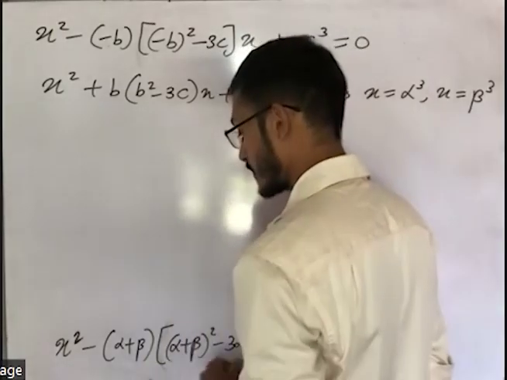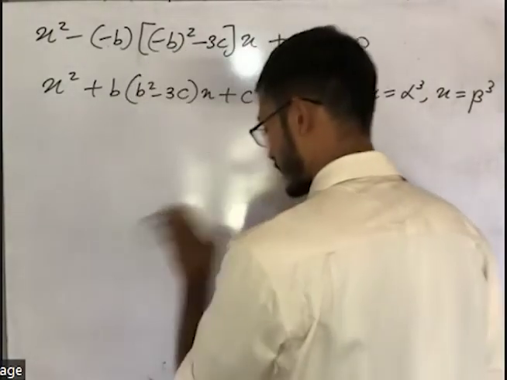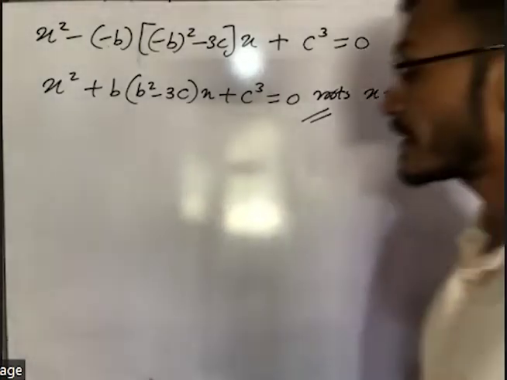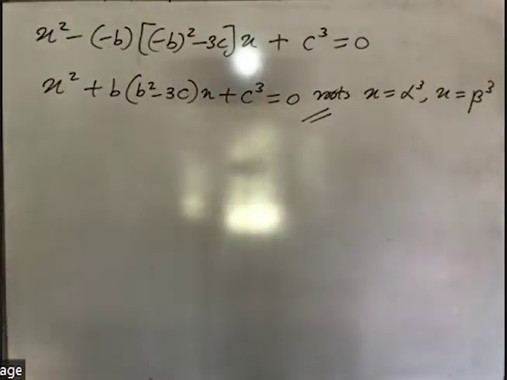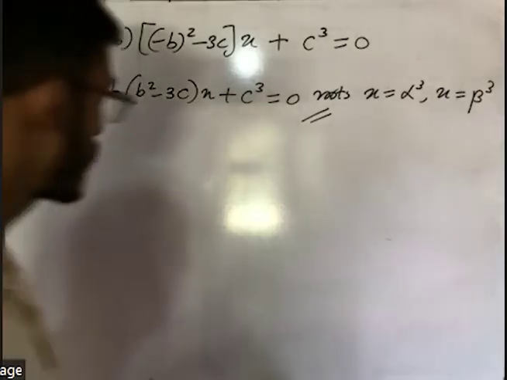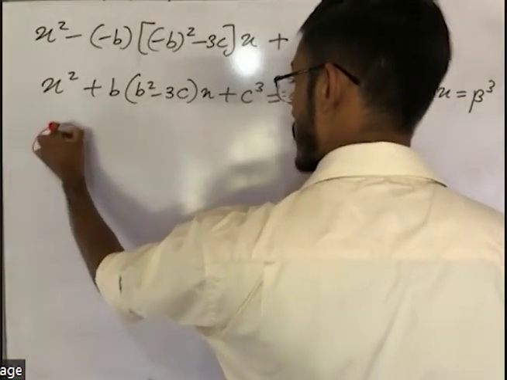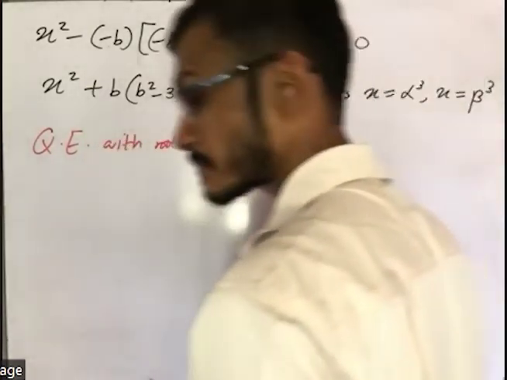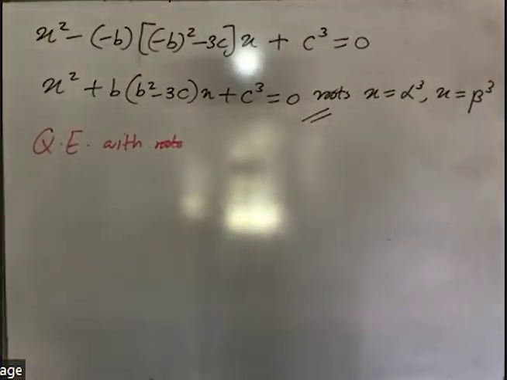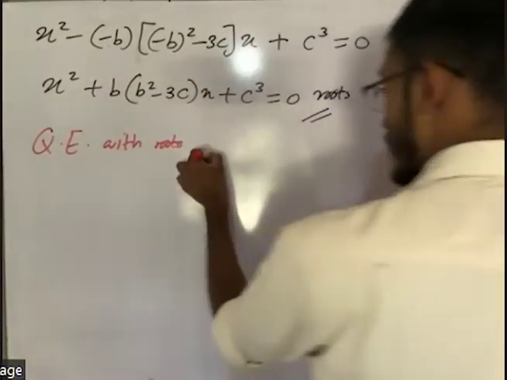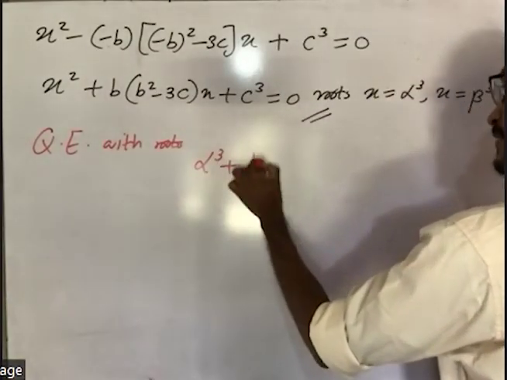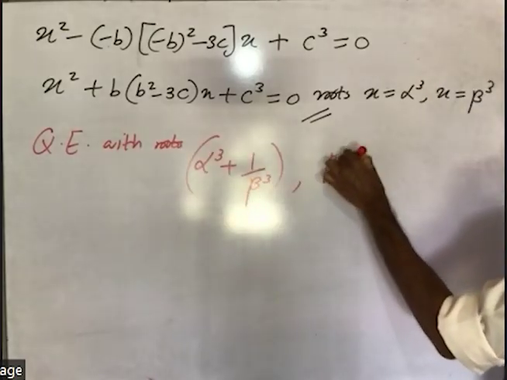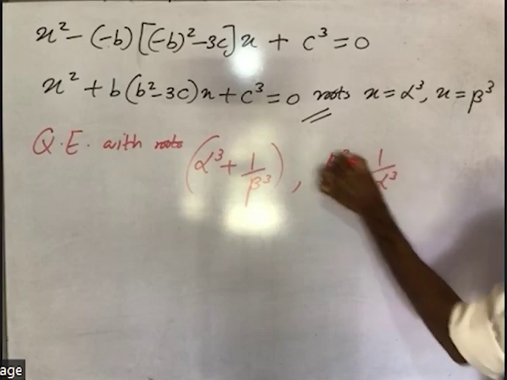Now in the second part, so in the first part you can easily prove using the formula. Right, in the second part they are asking the quadratic equation with roots alpha to the power 3 plus 1 over beta to the power 3 and beta to the power 3 plus 1 over alpha to the power 3.